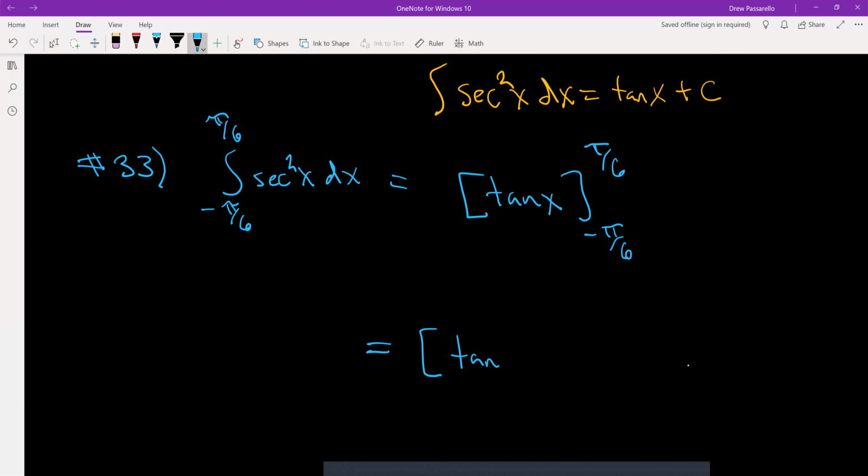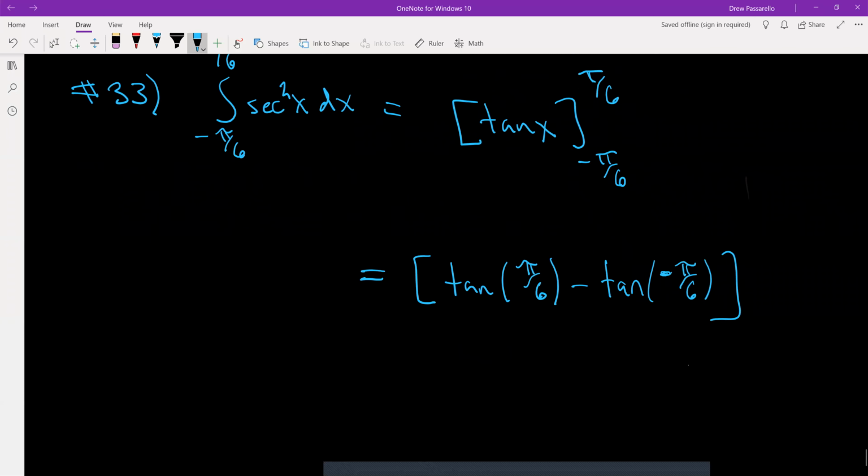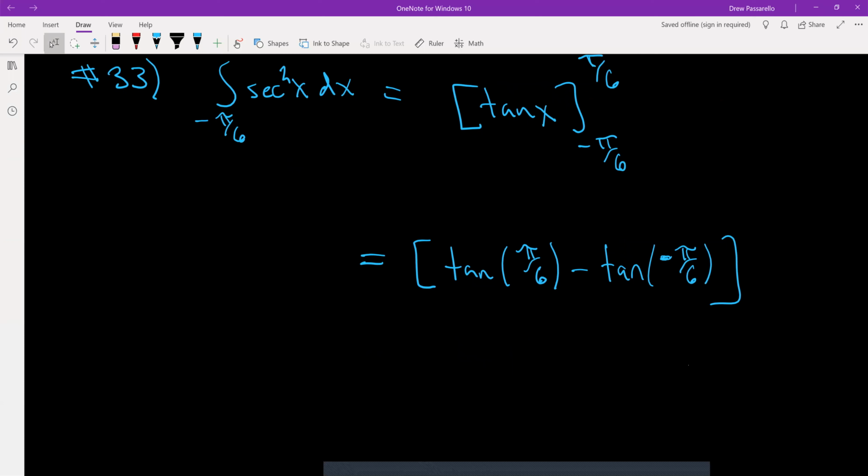That's going to be tangent of pi over 6 minus tangent of negative pi over 6. And I use the unit circle.